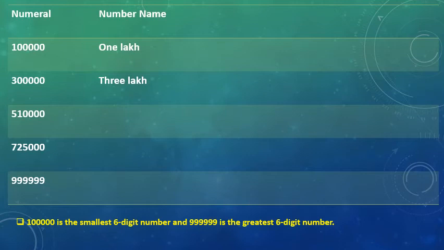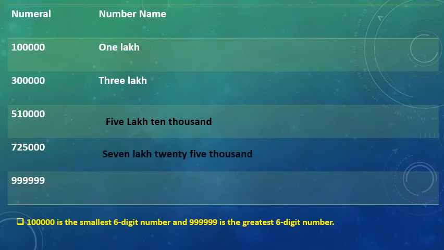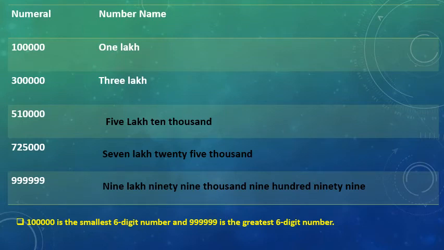Yes, 5,10,000. Next number is 7,25,000. Next is 9,99,999. You have to remember that the smallest 6-digit number is 1 lakh and the greatest 6-digit number is 9,99,999.